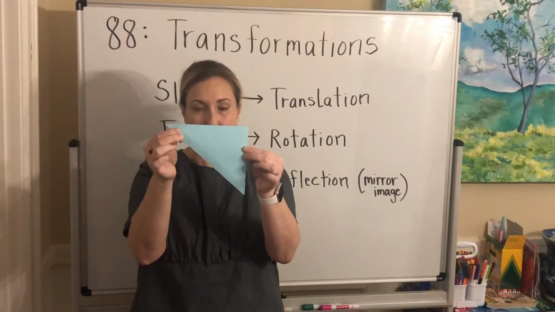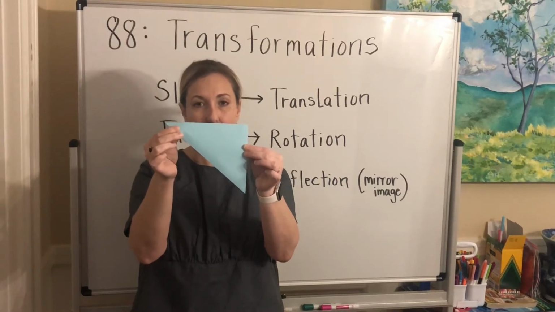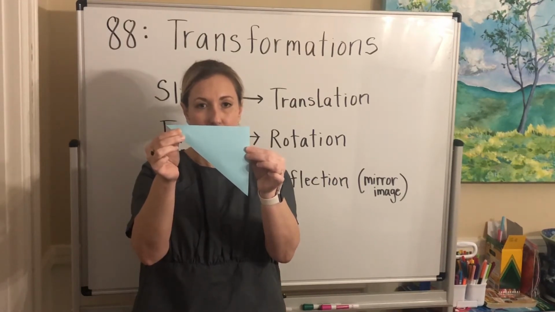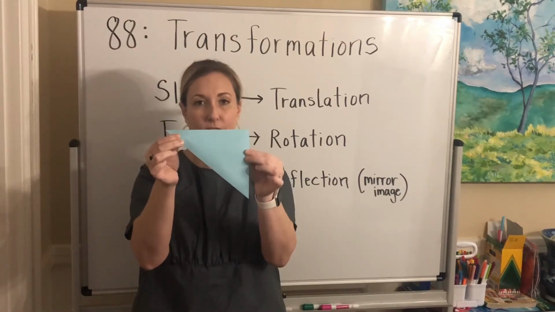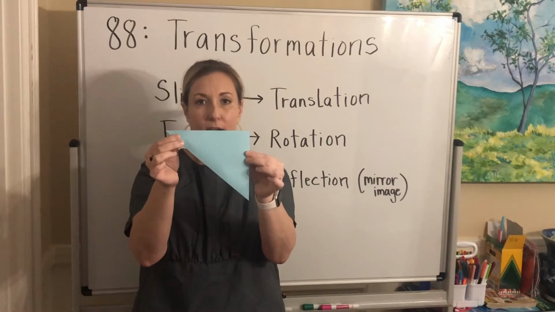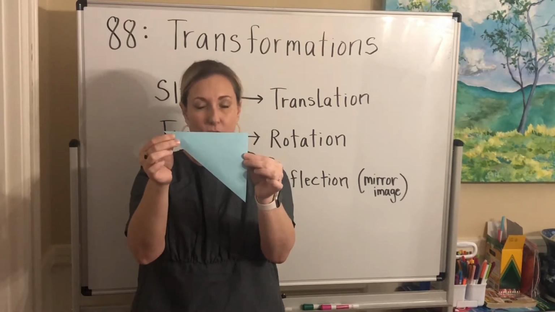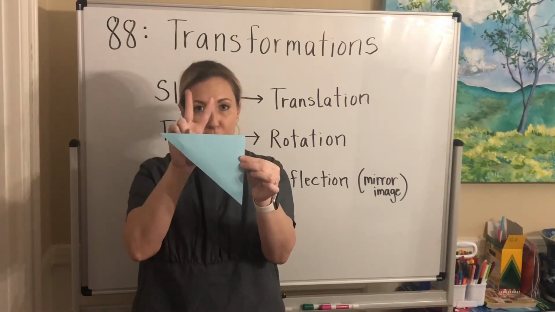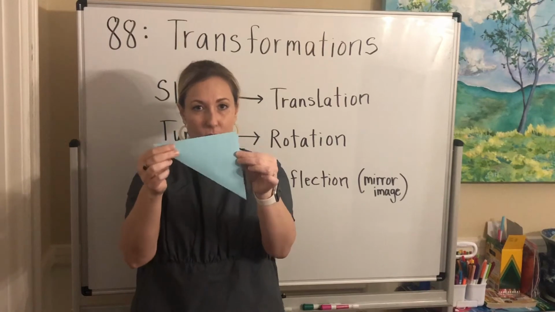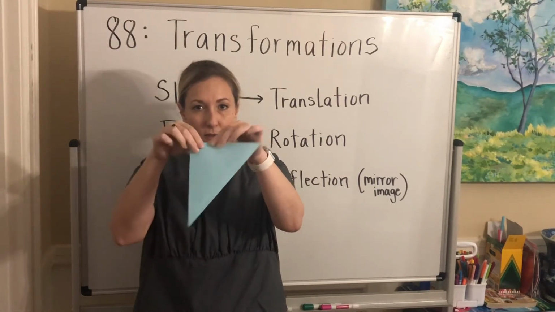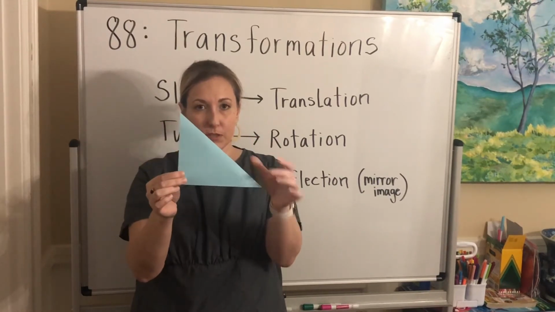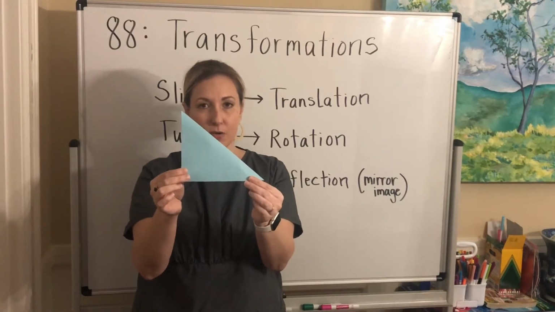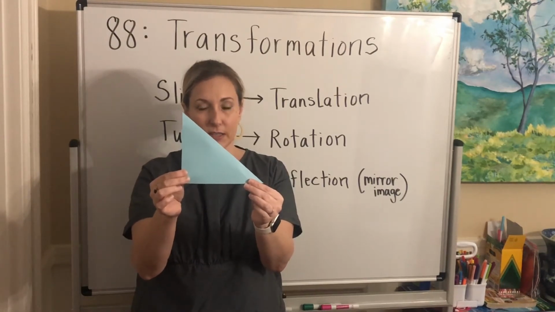Now I want to rotate it 180 degrees from where it is right now. 180 degrees is a half circle, so I would have to do two 90-degree turns. 1, 2. So now I just rotated it 180 degrees.